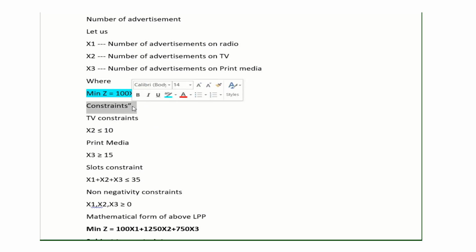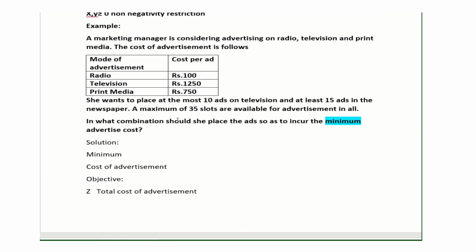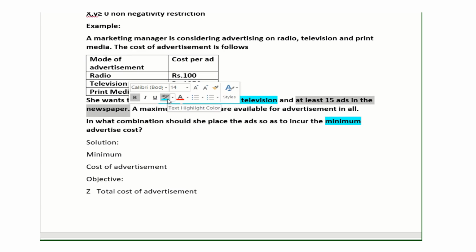So we have to find out the objectives of this particular problem. So what are the constraints? There are three types of constraints. He wants to place at the most 10 ads on television. So this is the first constraint. And at least 15 ads in the newspaper is the second constraint.